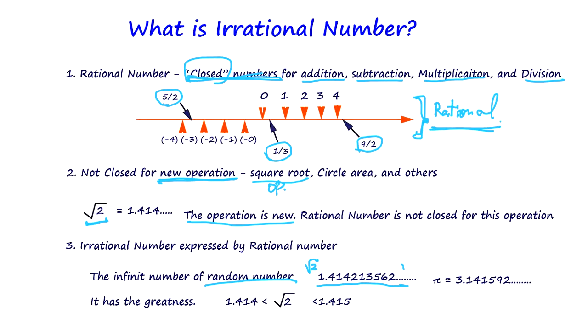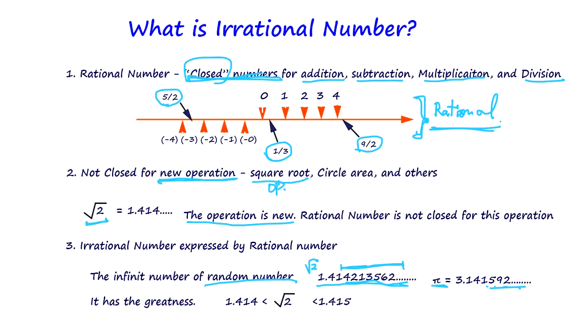This never repeats, because if it repeated, we could convert it into an integer ratio, which is a rational number. So one condition for being an irrational number is that when expressed as a decimal, it's going to be a series of random digits coming up. Pi is also 3.14, and so on. It never repeats the same pattern.